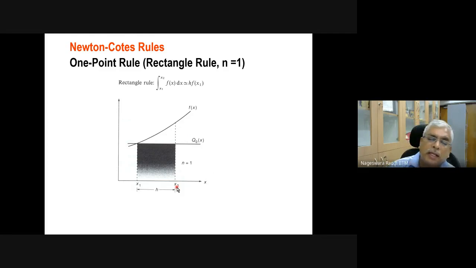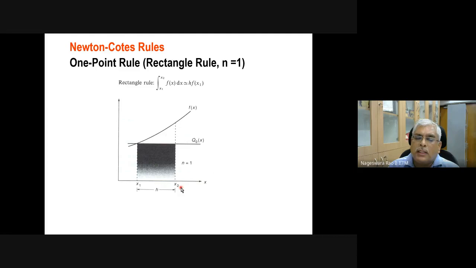What is the meaning of that? That is the physical meaning of the integration that you are doing. If you integrate f(x) from x1 to x2, what it physically means is that you are trying to find the area under this curve f(x) between the points x1 and x2.